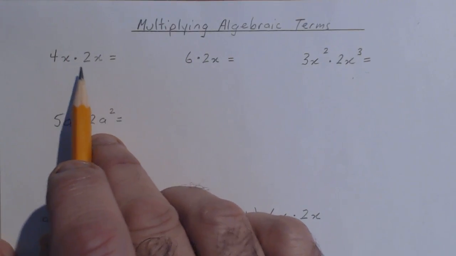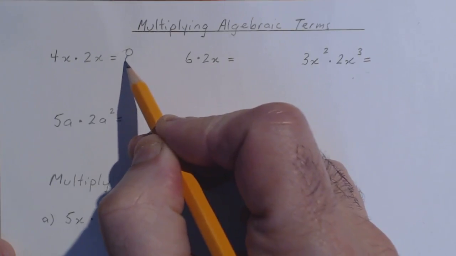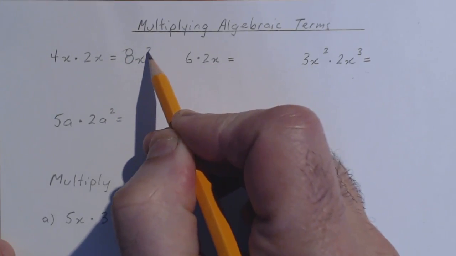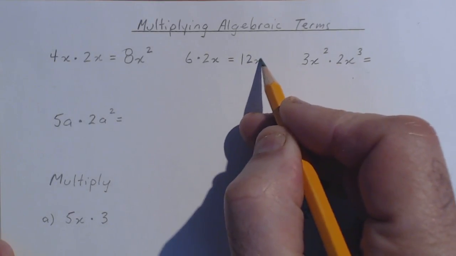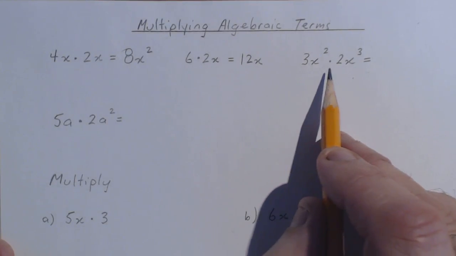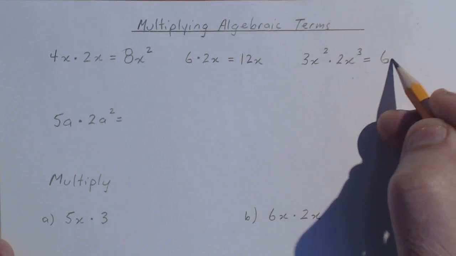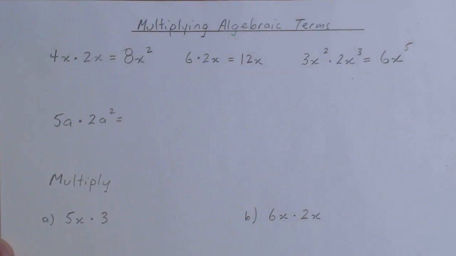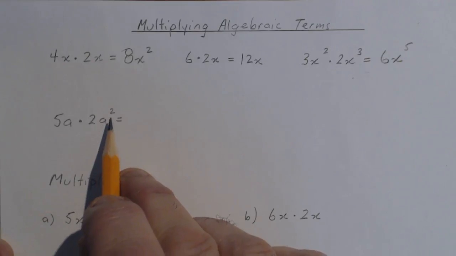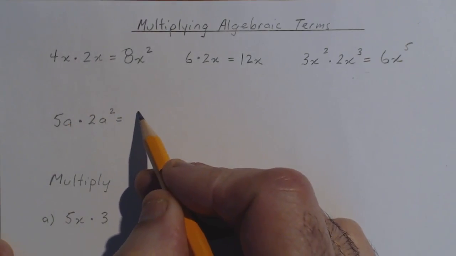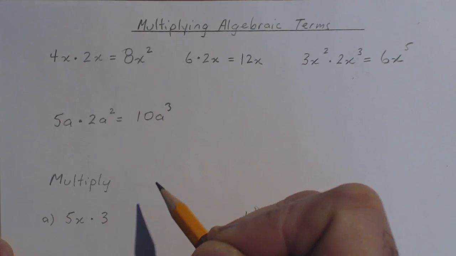So we got 4x times 2x, we get 8x squared. 6 times 2x, we get 12x. 3x squared times 2x to the power of 3, we get 3 times 2, 6x to the power of 5. Here we have 5a times 2a squared, we get 10a to the power of 3.